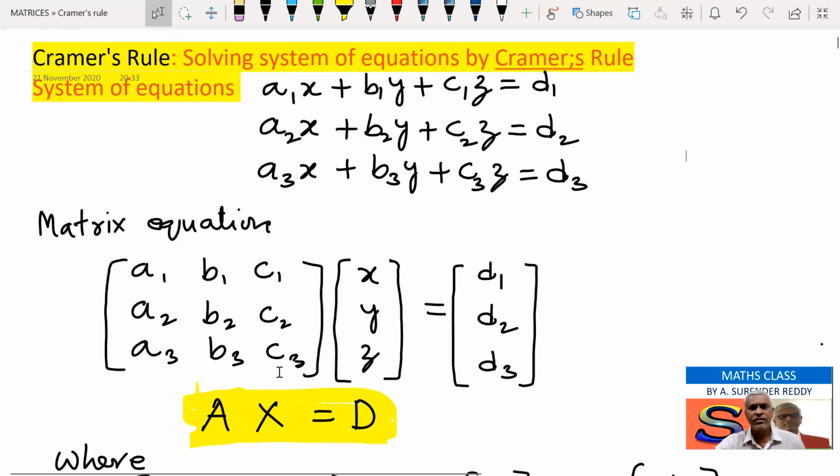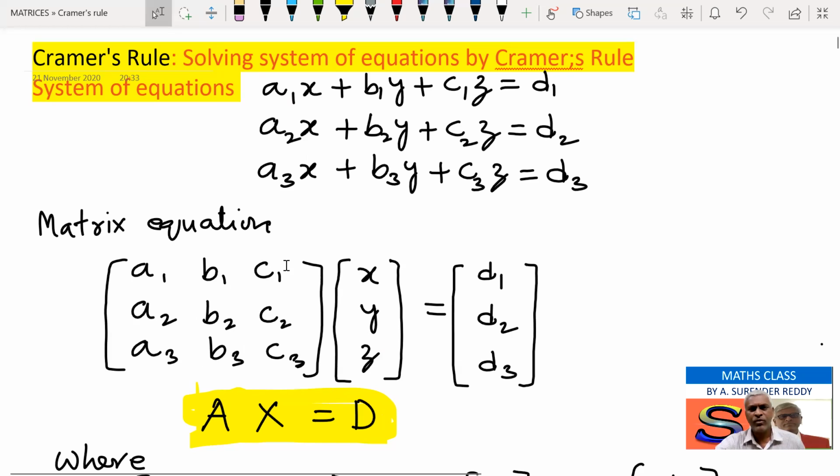And A3, B3, C3 are the coefficients of x, y, z in third equation. So this is the first matrix. Let us name it as A. This is coefficient matrix. And the second one, x, y, z, it is the variable matrix. Name it as capital X. And D1, D2, D3 is the third matrix, that is constant matrix.